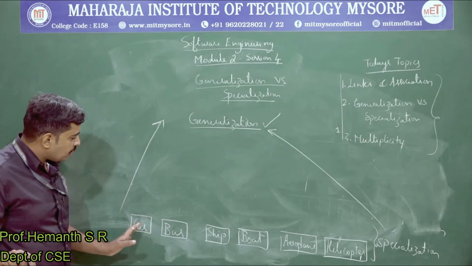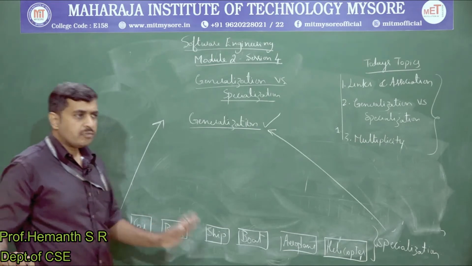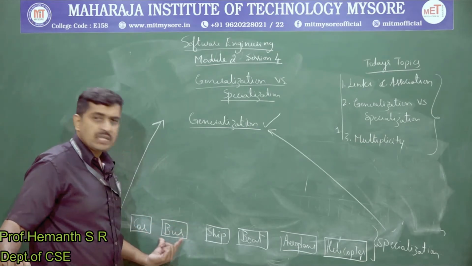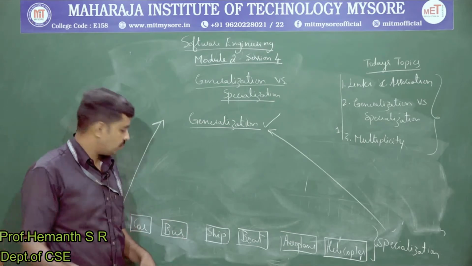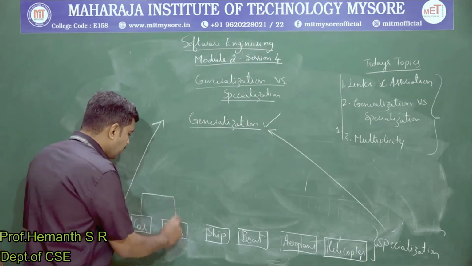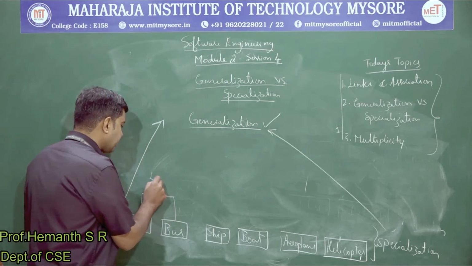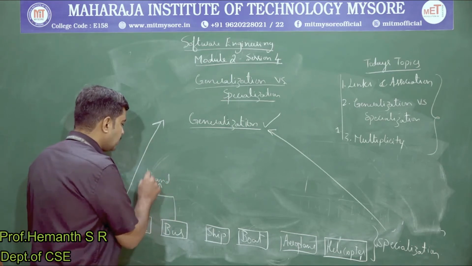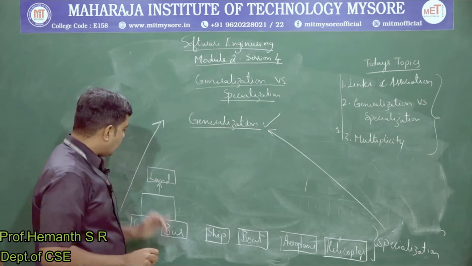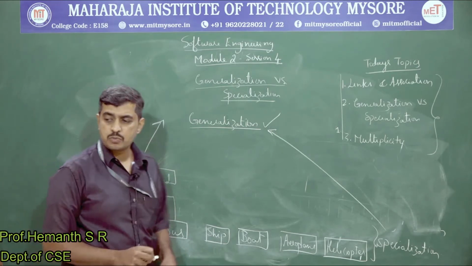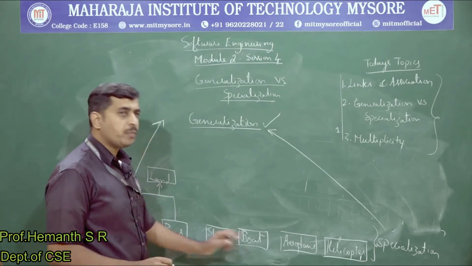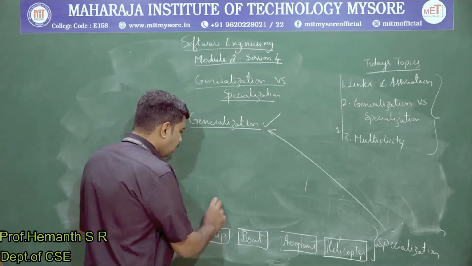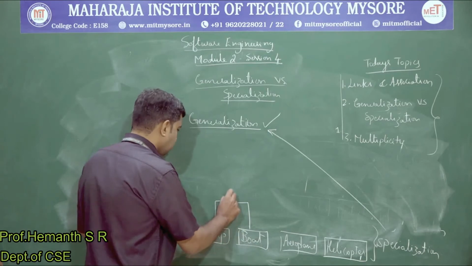If you once again do a basic analysis, we can understand a car and bus are vehicles which are moving on the land. So I can come out with a generalization here. What is it? A car and bus, they move on land. In similar lines, a ship and boat traverse on water.